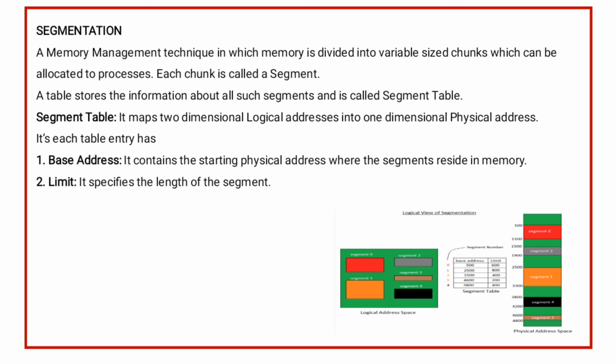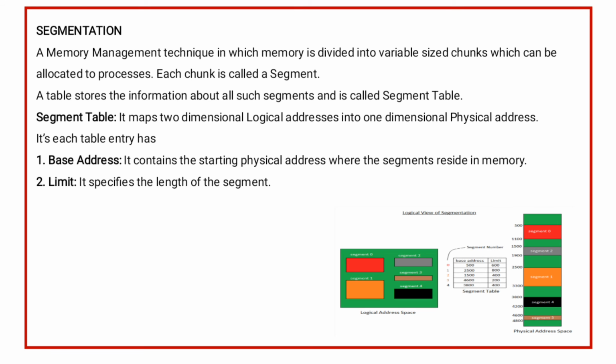The segment table maps two-dimensional logical addresses into one-dimensional physical addresses. Each table entry has a base address, which contains the starting physical address where the segment resides in memory, and the second is limit, which specifies the length of the segment. See the figure, which shows the segmentation logical view.